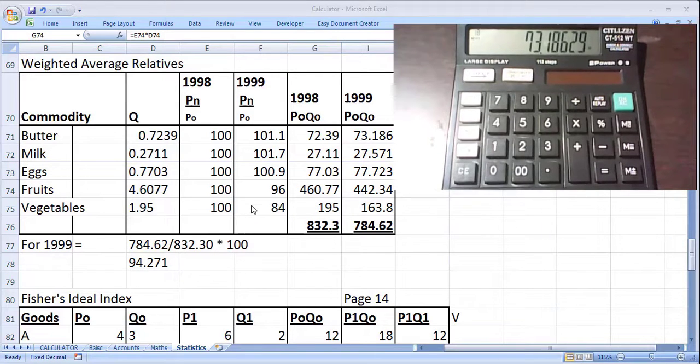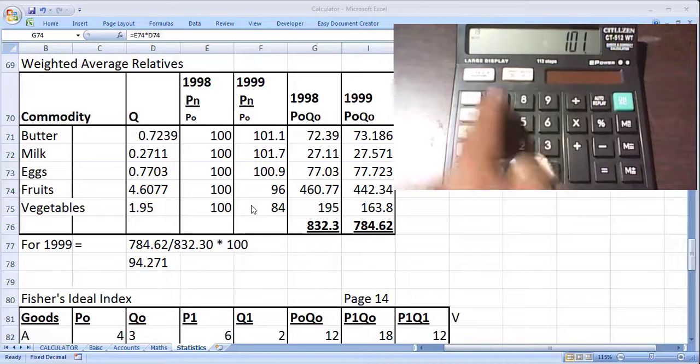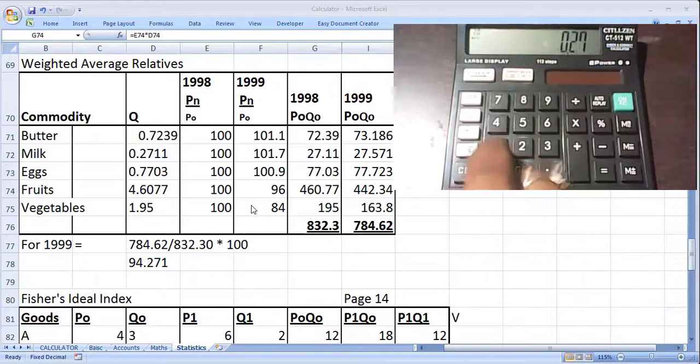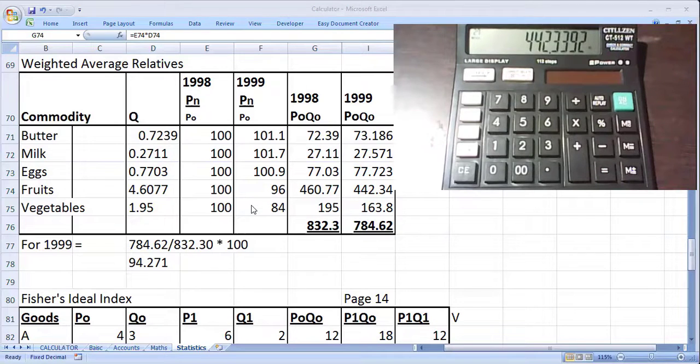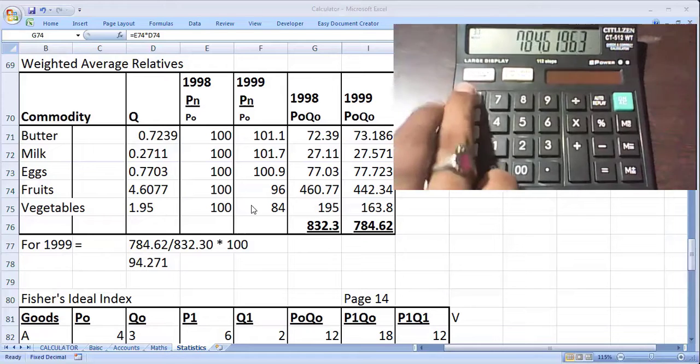Correct. 101.7 into 0.2711 is equal to, 100.9 into 0.7703 is equal to, 96 into 4.6077 is equal to 442.34. 84 into 1.95 is equal to 163.8.